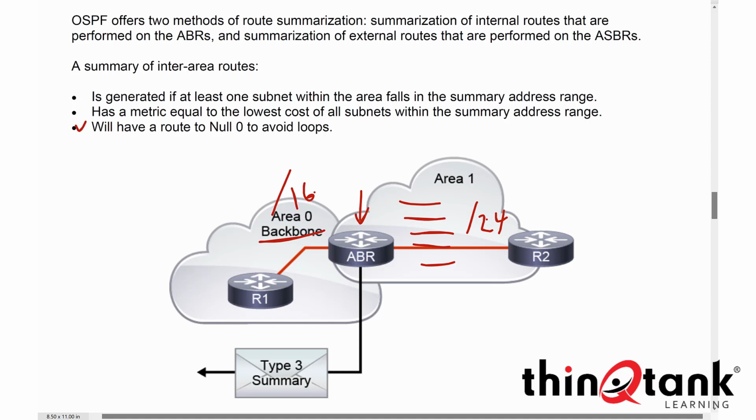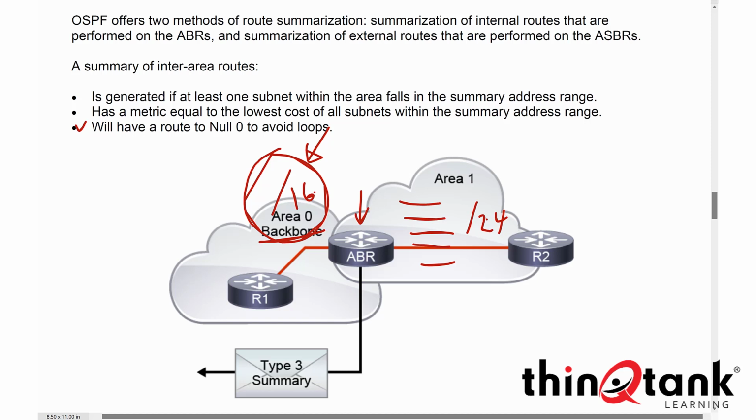But the ABR is going to do something very special because this /16 ultimately would include other prefixes that this ABR doesn't actually have, right? A /16 is a much larger network than the individual /24s.